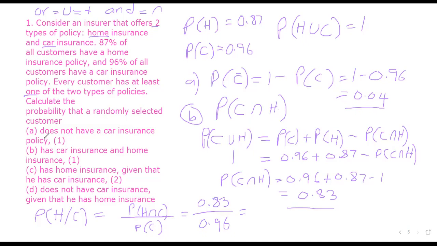Okay, so the question was asking us to find the probability that he has home insurance given that he has car insurance, so H given C. So our H intersection C over the probability of C. Here we found C intersection H. I said intersection is the same as multiplying.